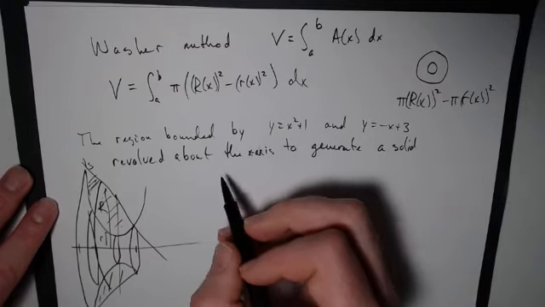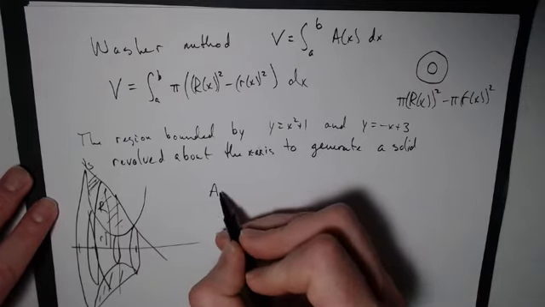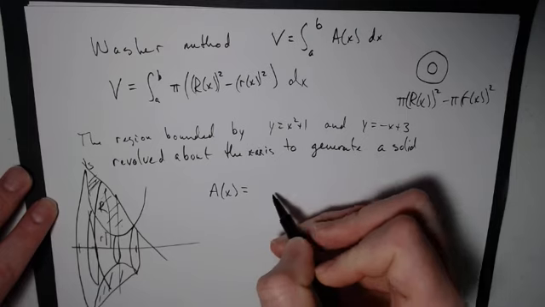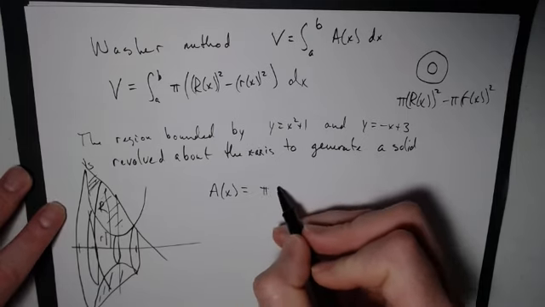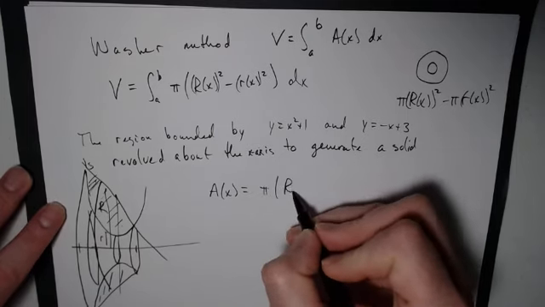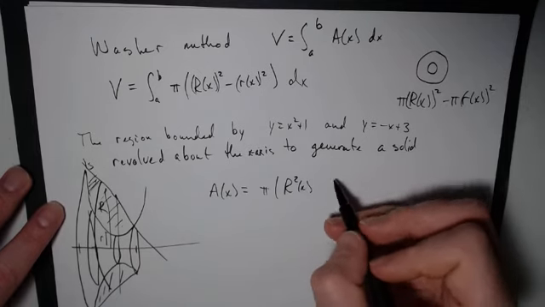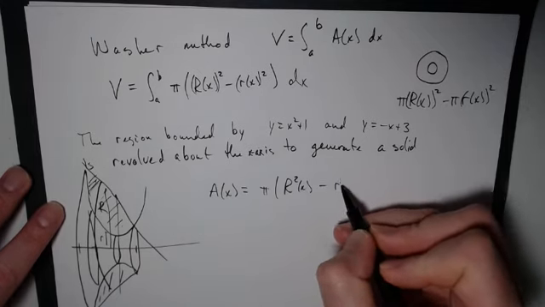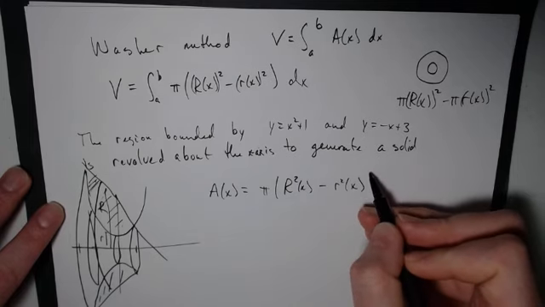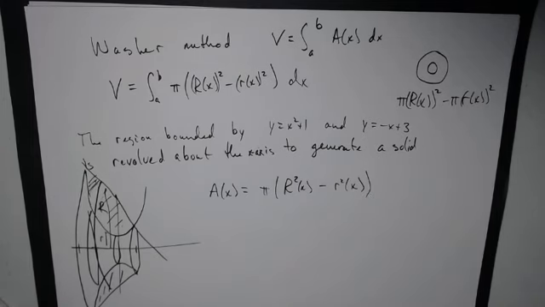So the cross-sectional area here, A of x, equals pi times big R squared of x, minus little r squared of x. I'm going to use that notation instead of all those extra parentheses. That's just like when we say sine squared, and we mean sine of x quantity squared.